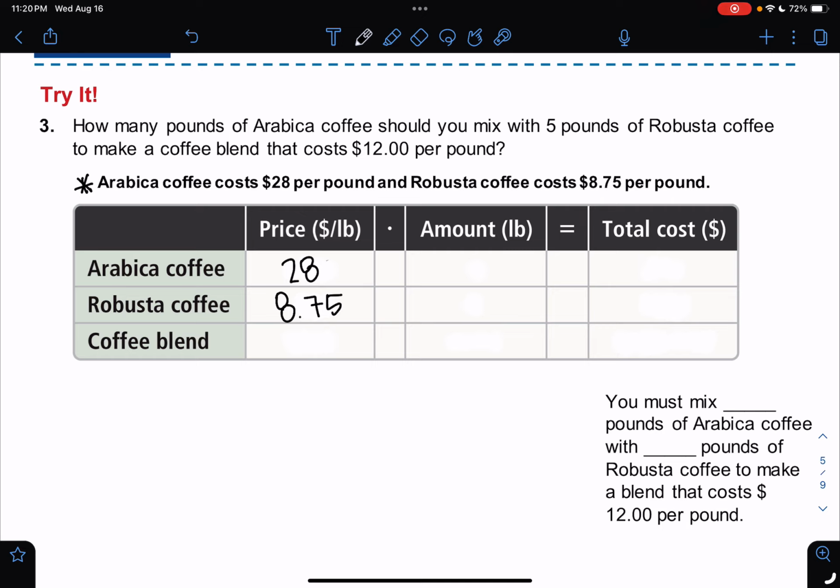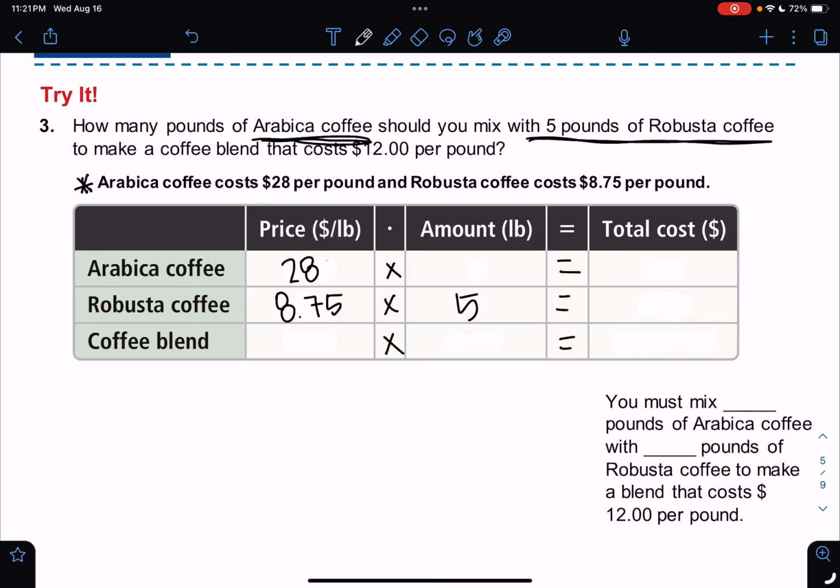They also tell us more things. They want us to mix the Arabica coffee with 5 pounds of the Robusta. So they tell us the exact amount of Robusta to use. Between the price and the amount, we're multiplying, and that equals the total cost.